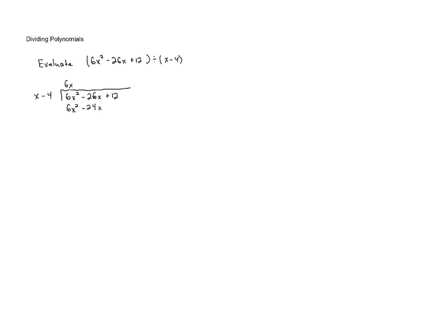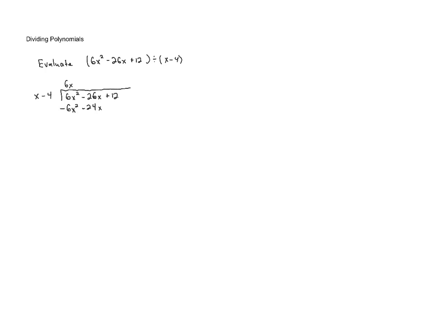Now remember, in long division, after we do the multiplication, we need to subtract the second row from the first. Now when we're subtracting a whole polynomial, remember that the subtraction has to get distributed to each of the terms. So the easiest way to do this is to change the signs here.